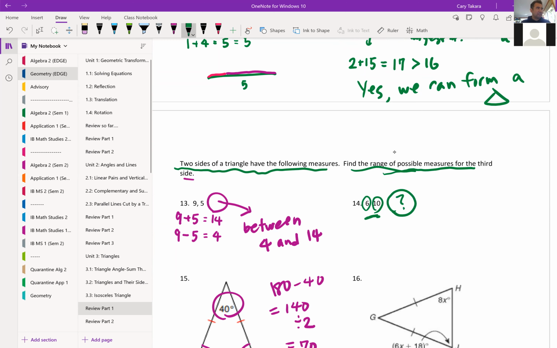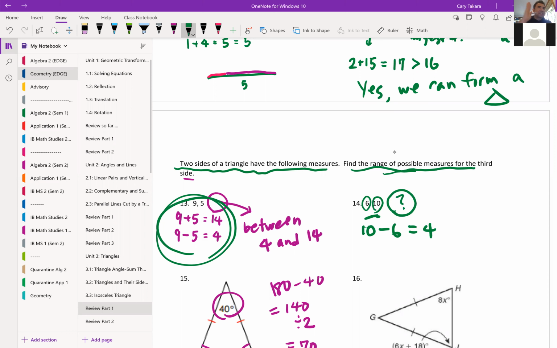How do we do that? Here is the hint. Basically, we're just going to add the two numbers and then subtract the numbers. And then that will give you the range. Okay, so the lowest that you can go is you're going to do 10 minus 6. Just pick the bigger number first. 10 minus 6, which is 4.